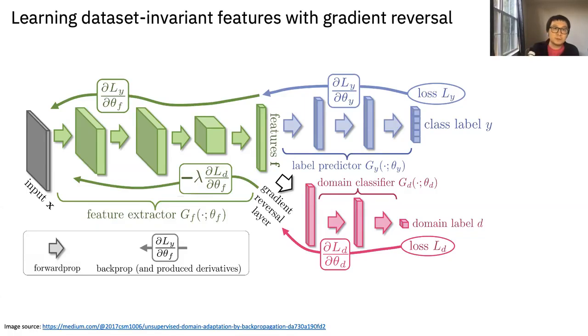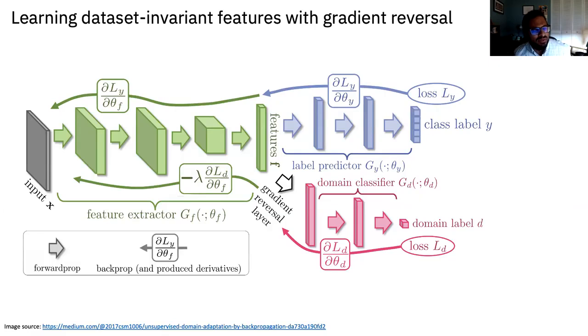So every time the pink part makes a correct prediction, we are saying that you are wrong. This is a way to not encourage the green part to differentiate the two data sets. So this is a way to shift the distribution of the source data to the target data.